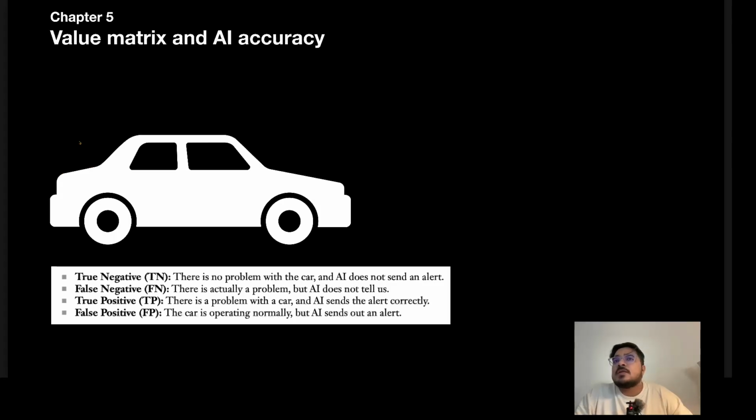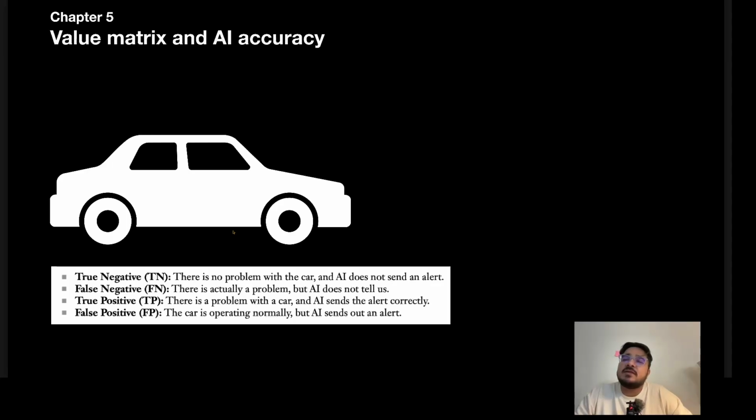So let's understand with one example of a car. Suppose there is a company manufacturing cars and they have this AI model to let their users know if you need to change any parts or come to service, or if any breakdown is going to happen.